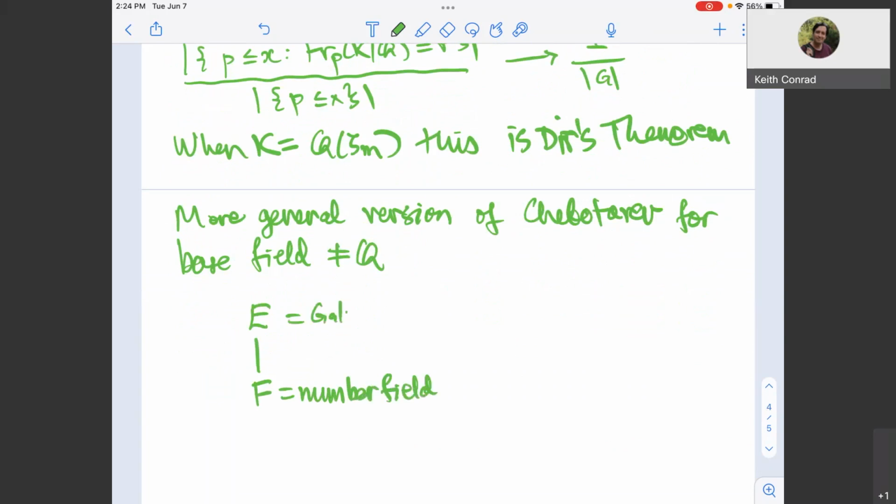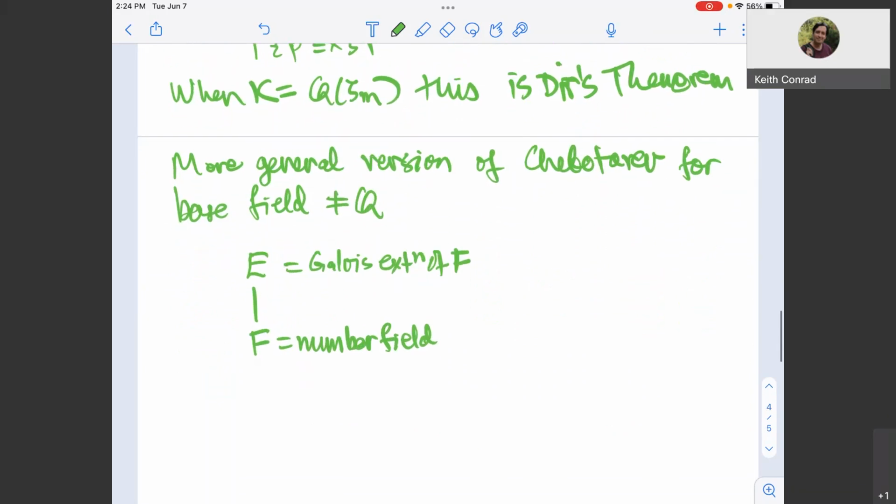And we'll take another number field E, a Galois extension of F. In here we have a ring of integers, and in here we have a ring of integers. And now, because we have a general ring of integers downstairs, we're going to write our general prime with the same letter that we used for the prime upstairs when we were working over Q. And so then we need a new letter for the prime ideal upstairs.